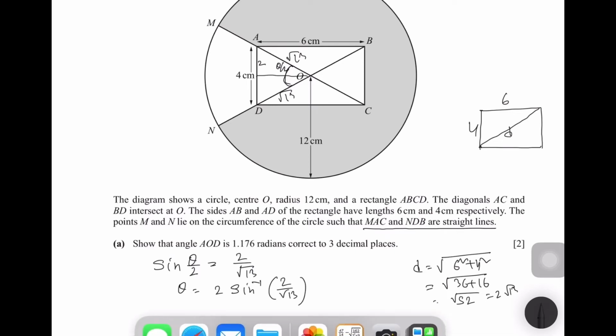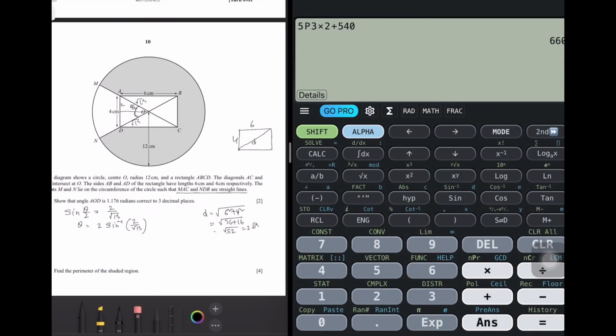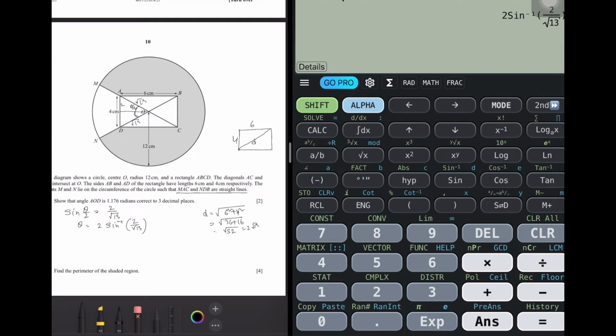Now let us use the calculator. That is 2, shift sin inverse, 2 divided by square root of 13, close the bracket, then use the equal sign.